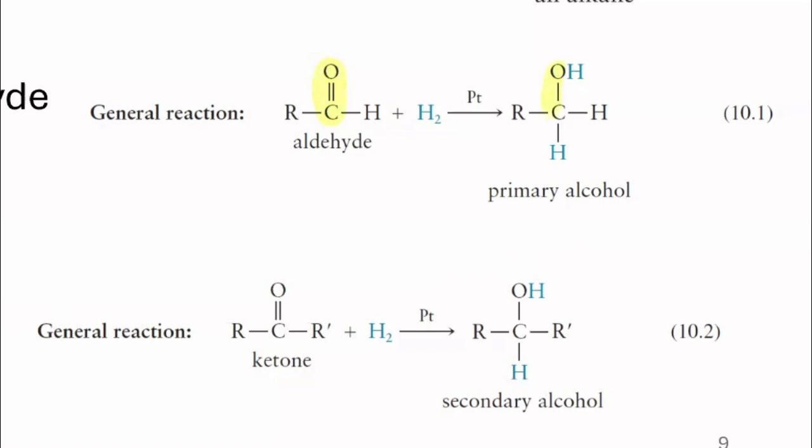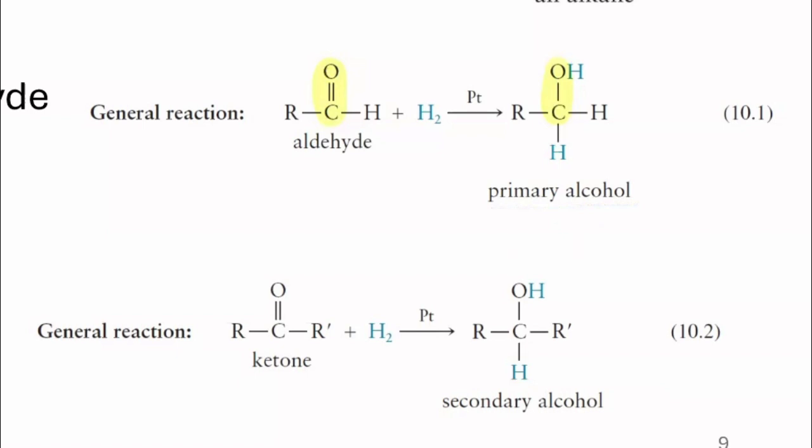The atoms that used to be double bonded in the carbonyl, meaning the carbon and the oxygen, will each receive a hydrogen upon hydrogenation of the aldehyde. The oxygen atom received a hydrogen, and the carbon that used to be in the carbonyl also receives a hydrogen. So in terms of functional groups, when an aldehyde undergoes hydrogenation, we form a primary alcohol.